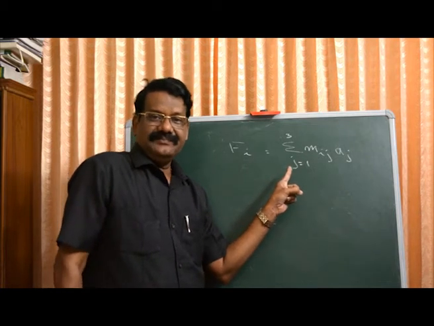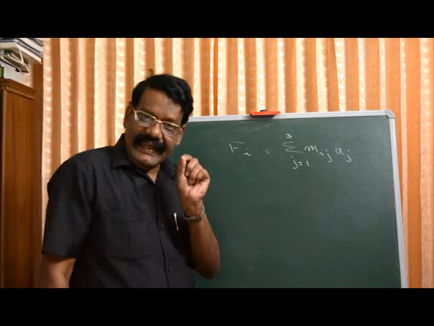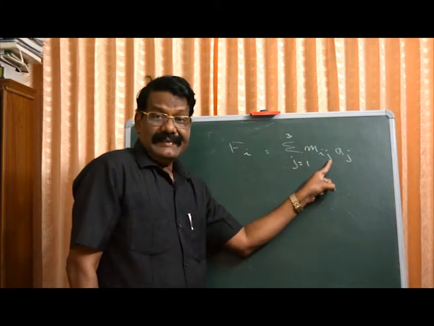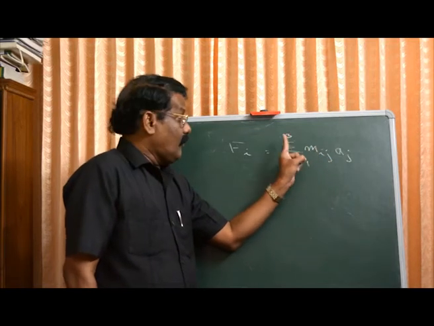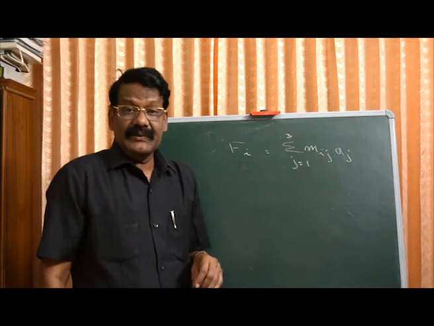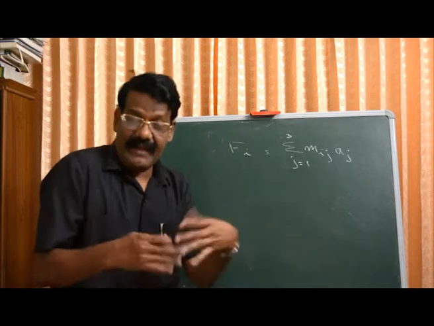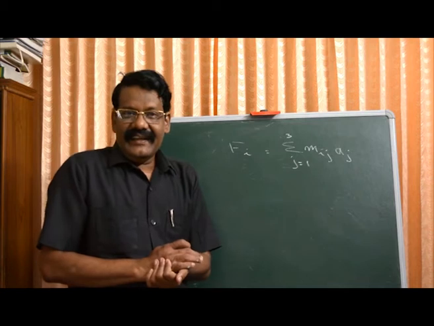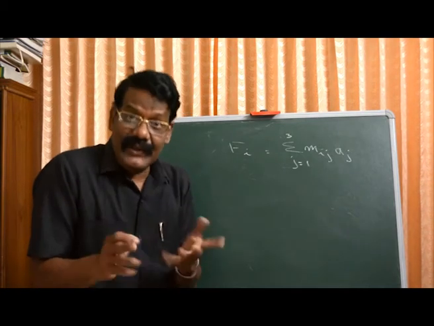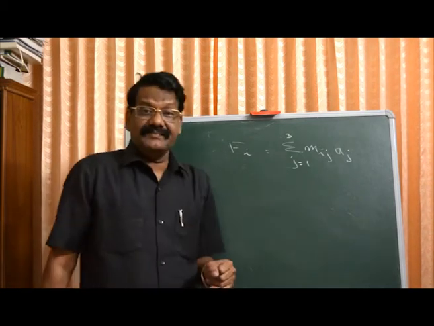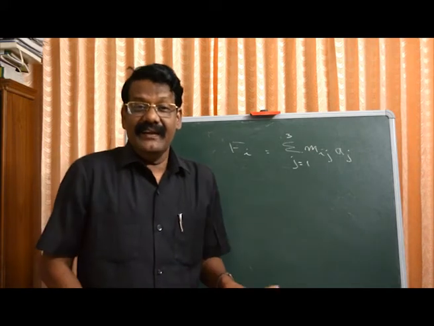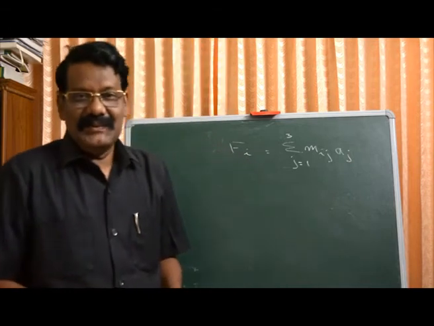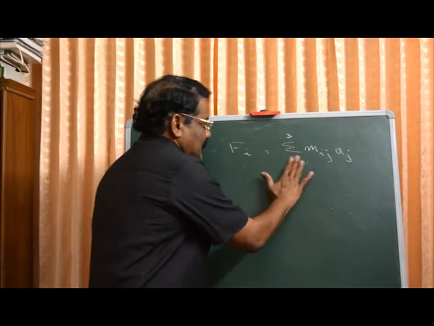Whenever an index is repeated in a term, the summation of that index over its range or dimensionality is implied. Correct? If that is implied, we do not keep the summation symbol there. Whenever an index is repeated, it goes without saying that the summation is over j. So, I am going to remove this.